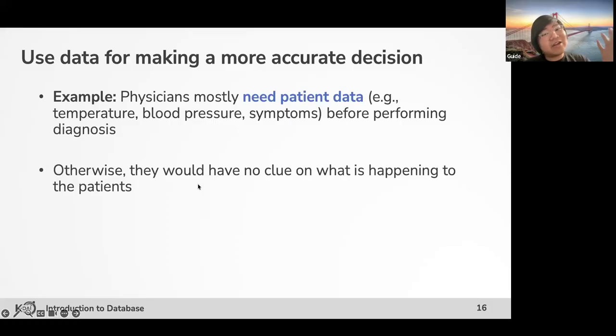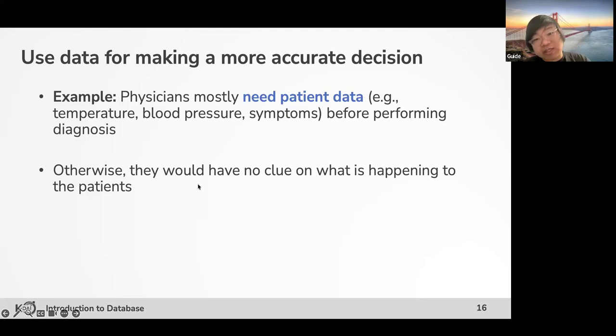So you see that it is not accurate at all, right? If you don't have any data, you cannot make an accurate decision. That's the point. That is the key usage of data. I didn't say that this is the only way to use data. You can also use data for many purposes. For example, a law, especially the privacy law, will ask you as an application developer that you need to keep data for years.